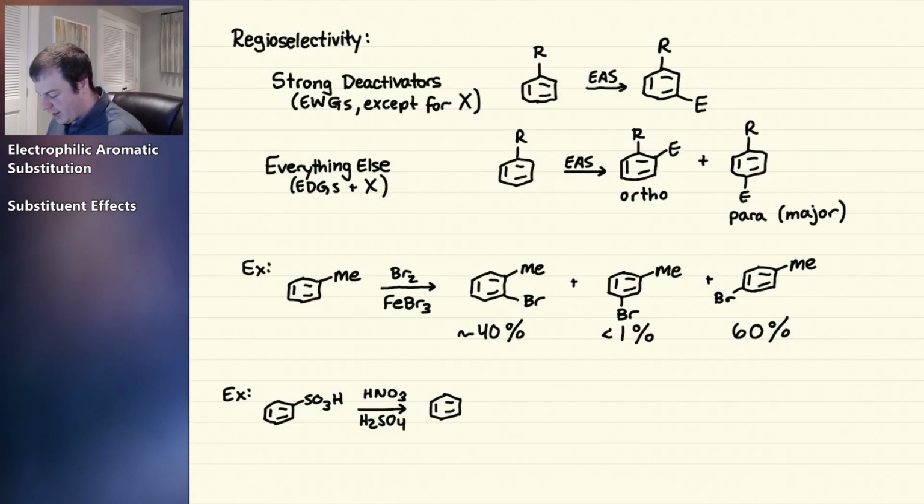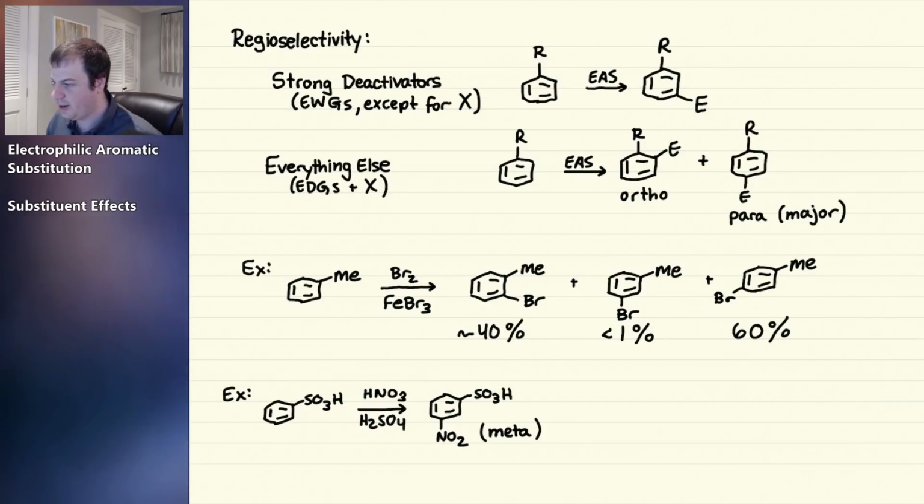It turns out that that's going to add it selectively to the meta position. Okay, so we're not going to get any ortho or para in this case. That's because the sulfonic acid is a strong deactivating group. That's going to drive the EAS reaction to produce a product where the nitro group is meta.